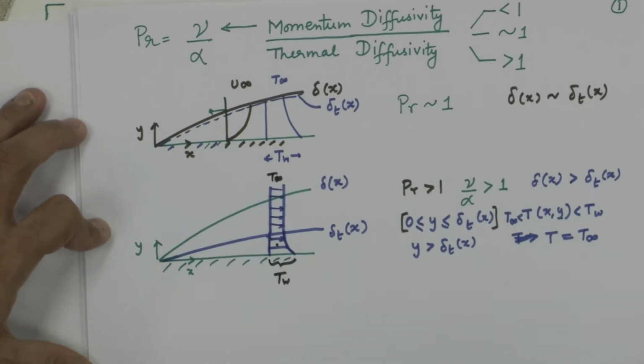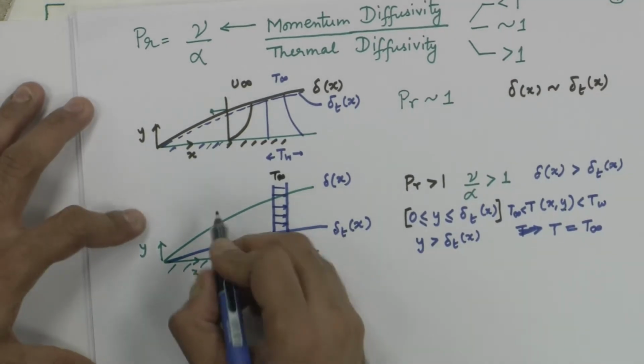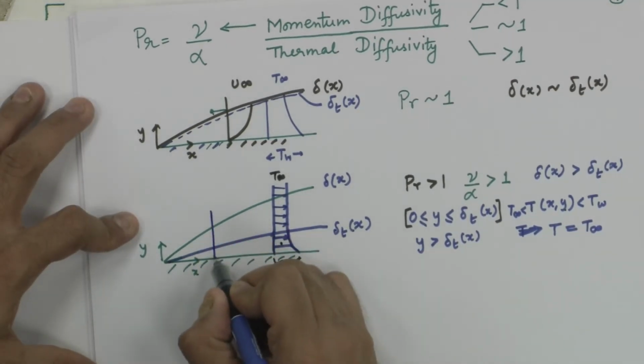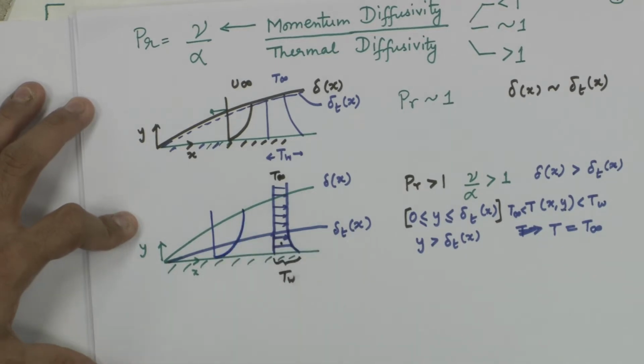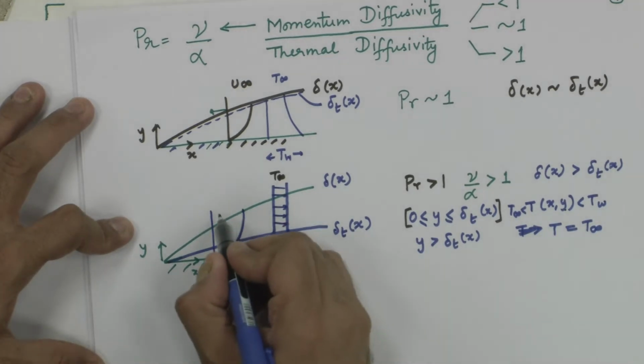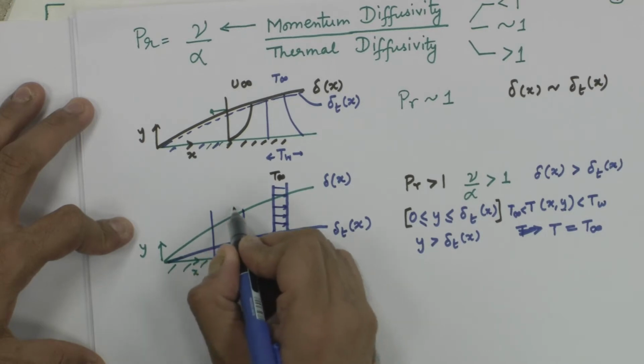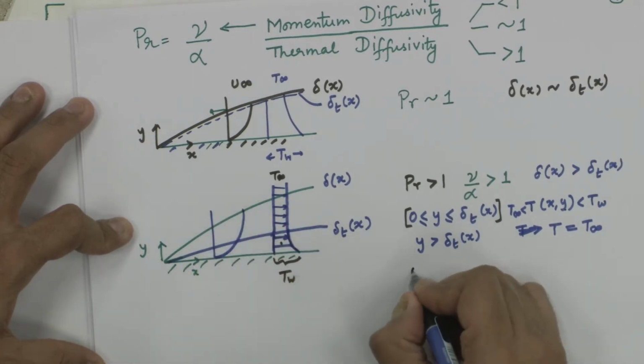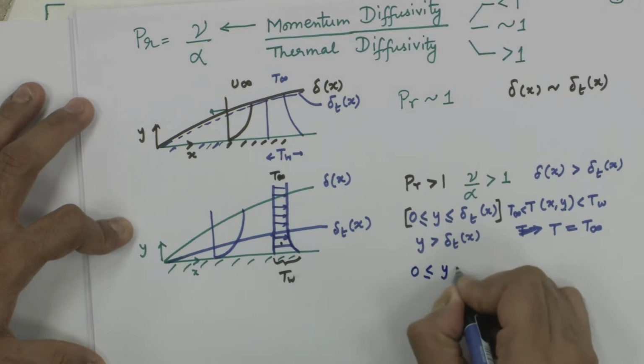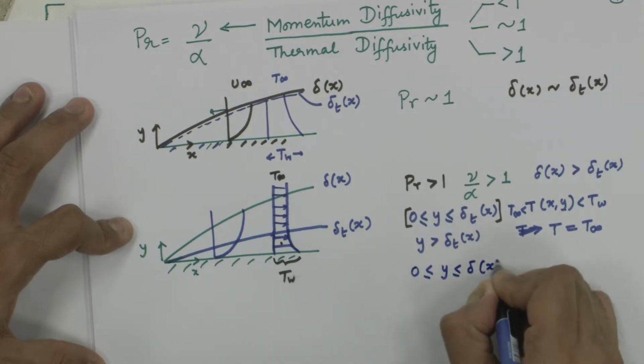What about velocities? Hydrodynamic boundary layer indicates that the velocity is going to go all the way up to u infinity, all the way varying up to this location. So, 0 less than or equal to y less than or equal to delta of x.